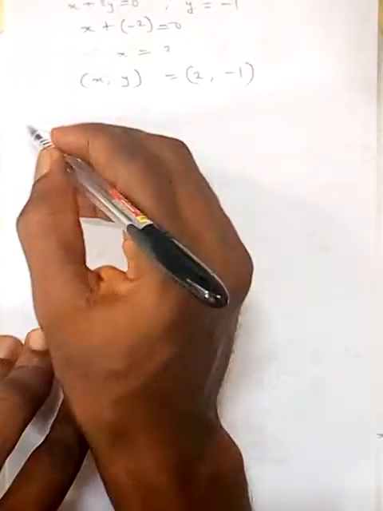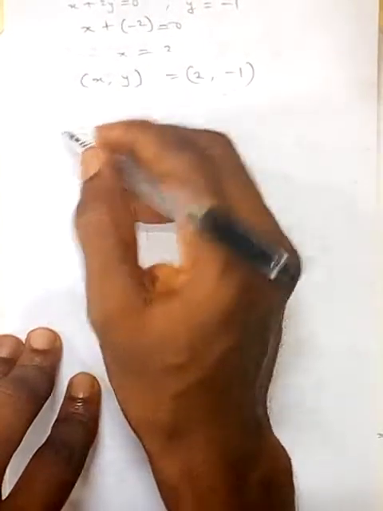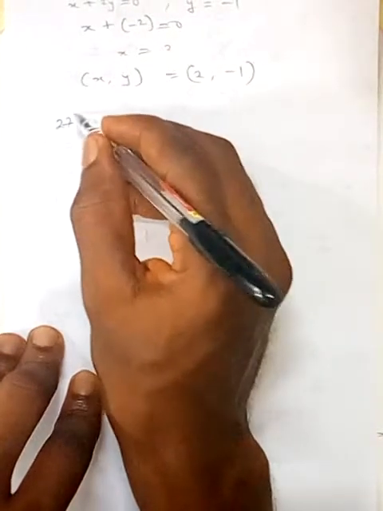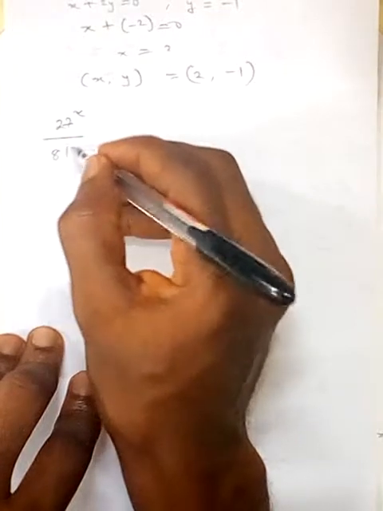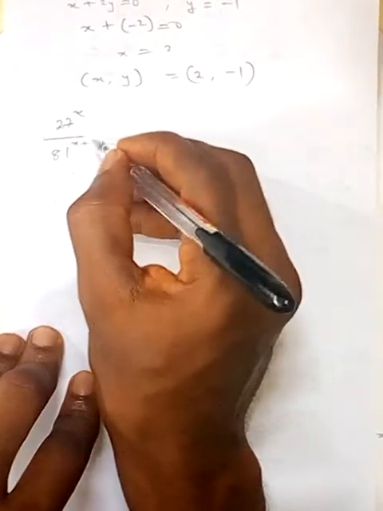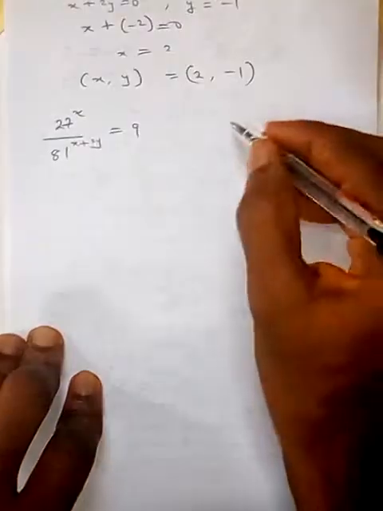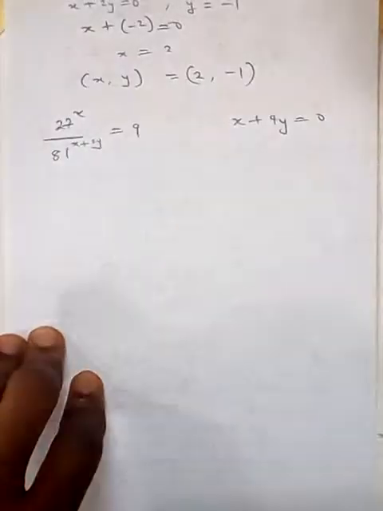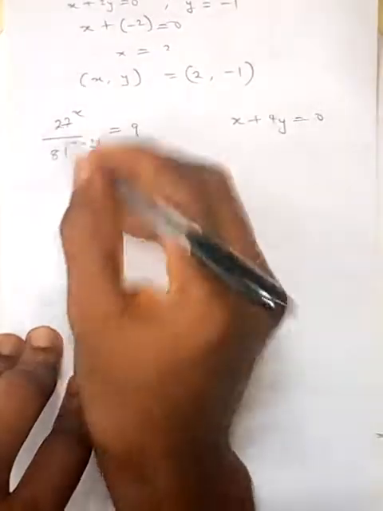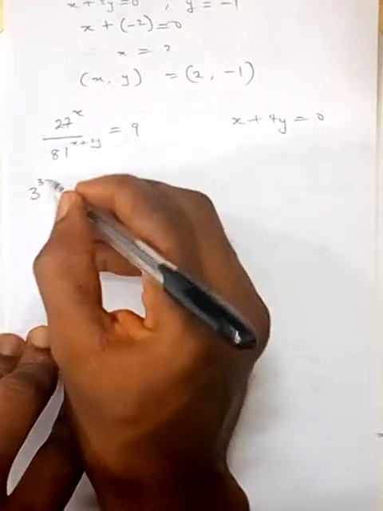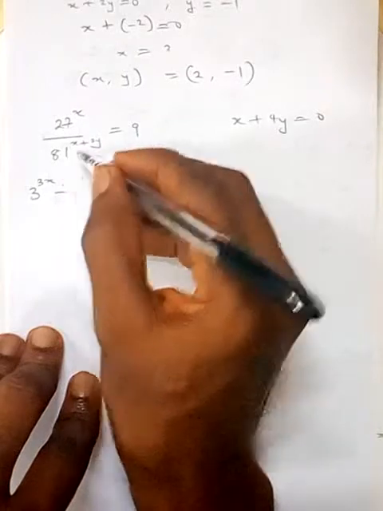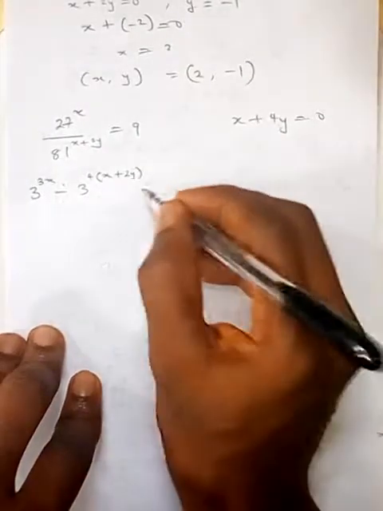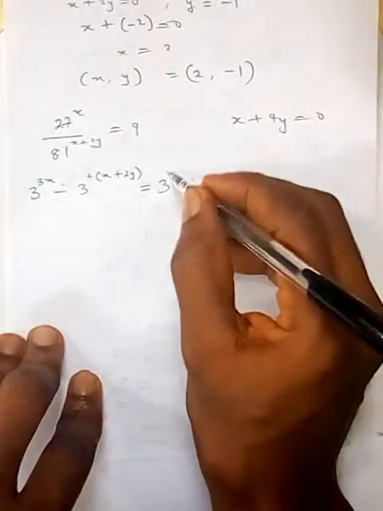Okay, the next question says we should solve simultaneously also. 27 raised to power x over 81 to the power x plus 2y is equal to 9, equation 1. Then x plus 4y is equal to 0. So we just need to break that down. 27 is 3 raised to power 3, 81 is 3 raised to power 4, and 9 is 3 raised to power 2.